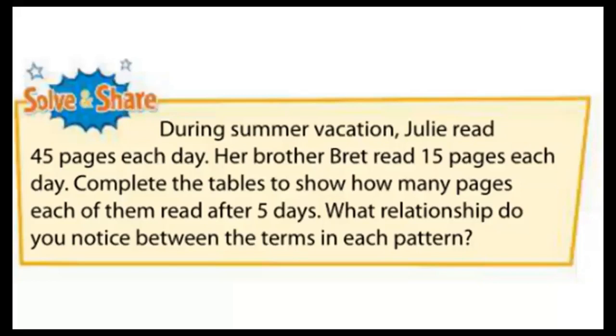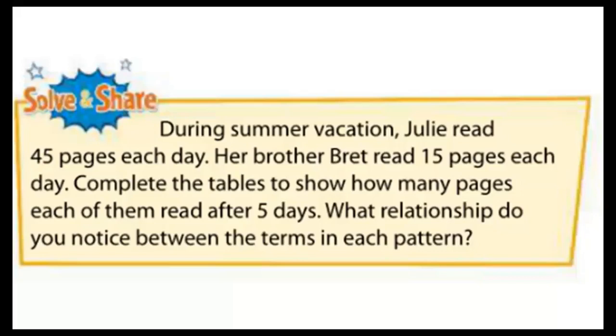Okay, you will find two tables. The first one is for Julie and the second one is for Bert. So each one read an amount of pages per day. The first one, the girl, is 45.